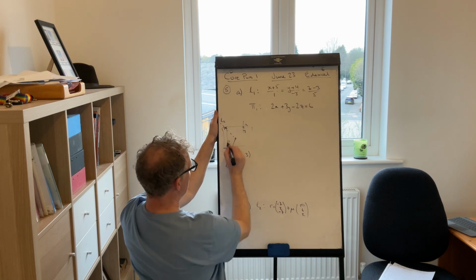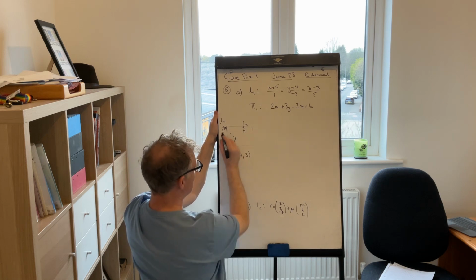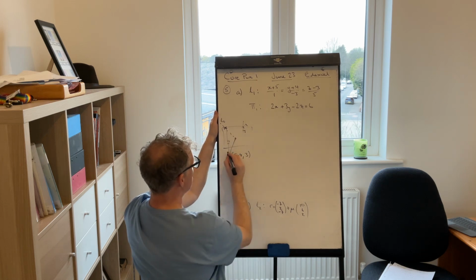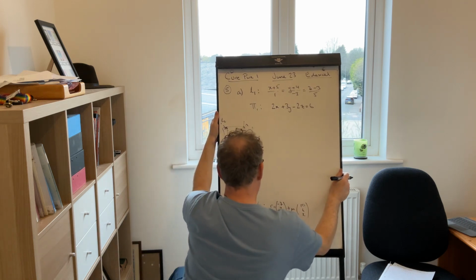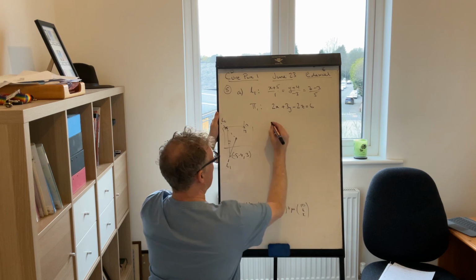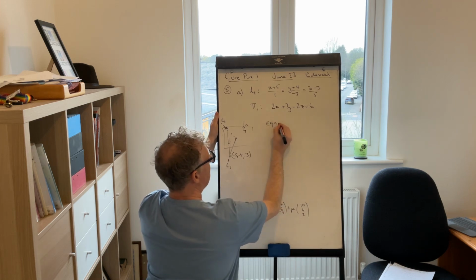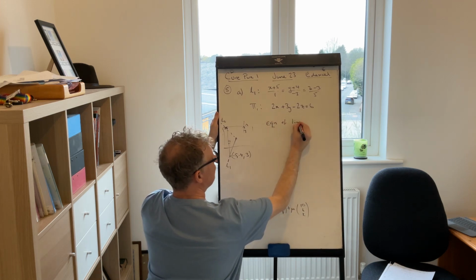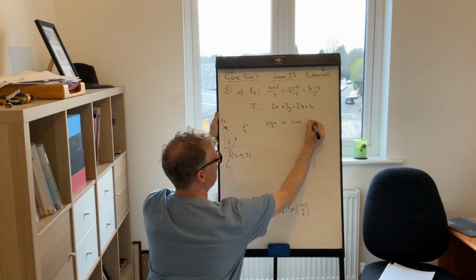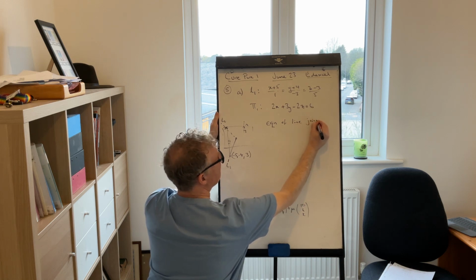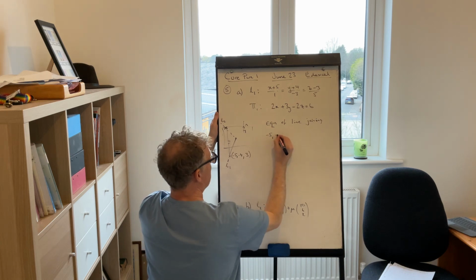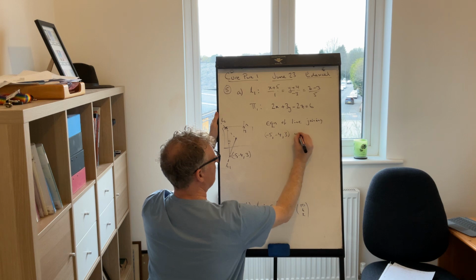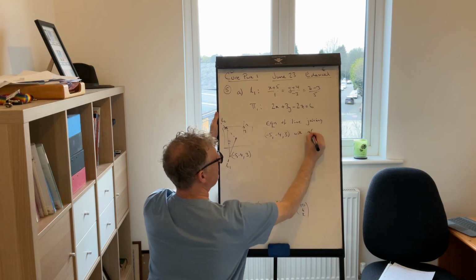So I'm going to get the equation of this line that joins the point with its reflected point first. So you'll see what I'm going to do here. It's the equation of the line joining this point, (-5, -4, 3), with the reflected point.